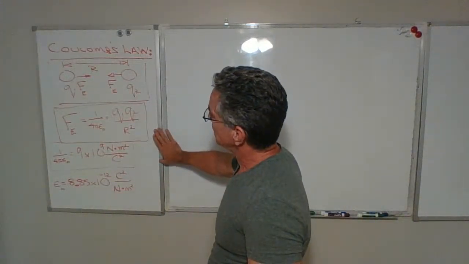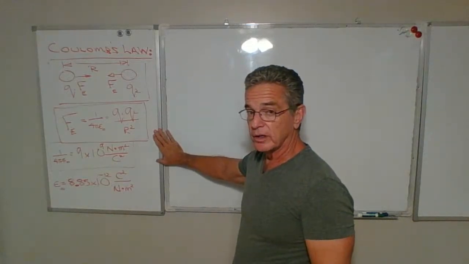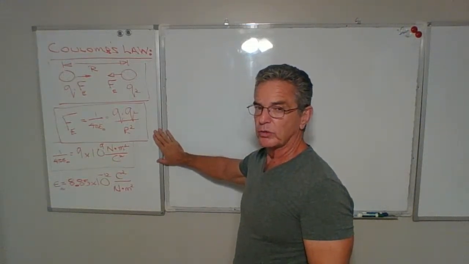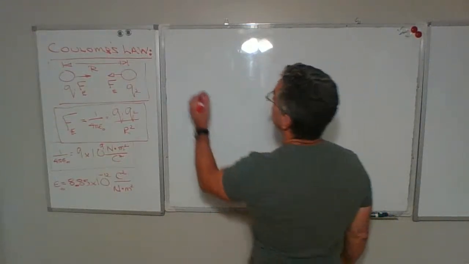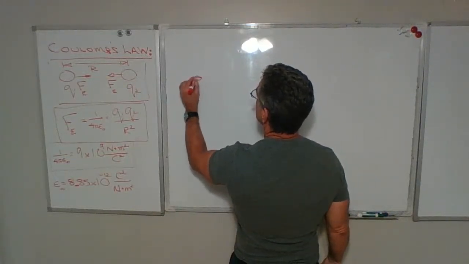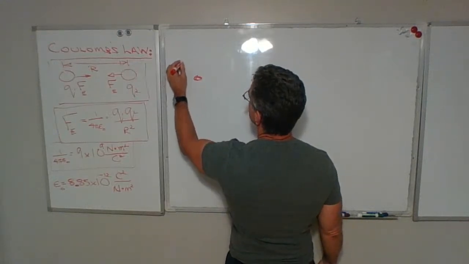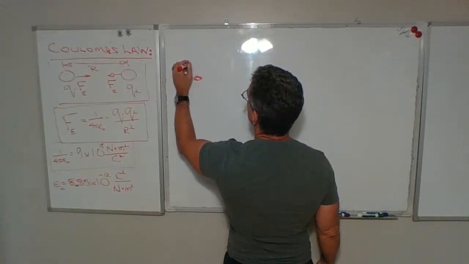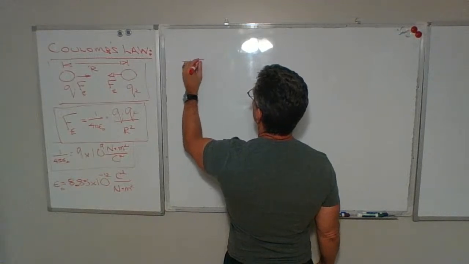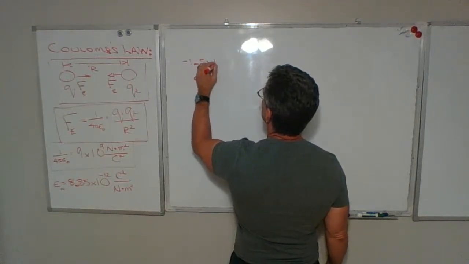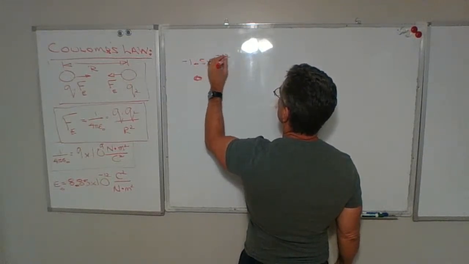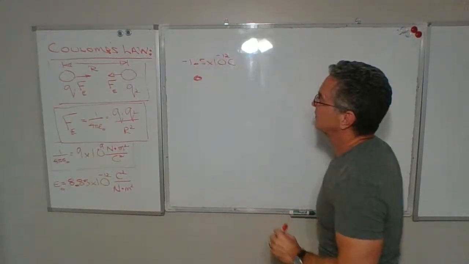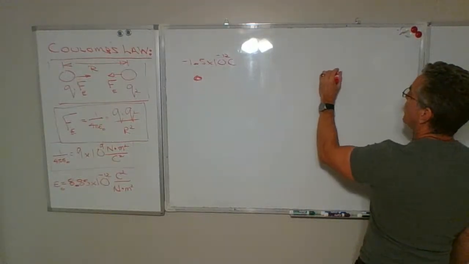Now, I'm going to go ahead and use this equation to determine the force between two charges that are arbitrarily picked here. So let's say we've got a charge here. Let's say it's negative 1.5 times 10 to the negative 12 coulombs of charge. And then over here, I'll have a positive charge.